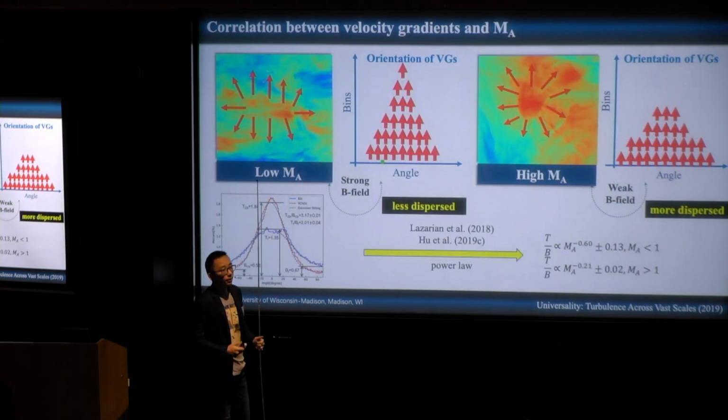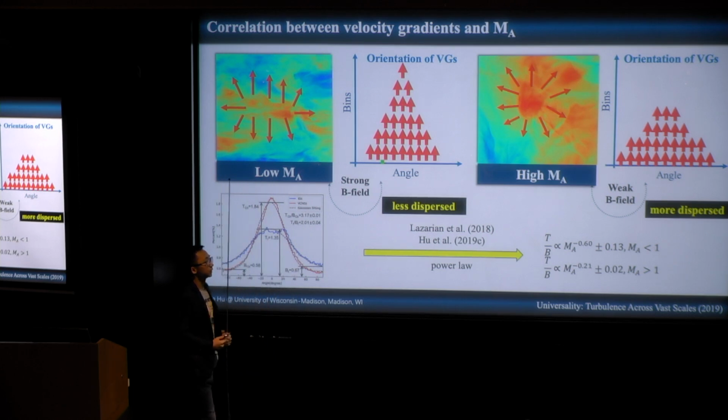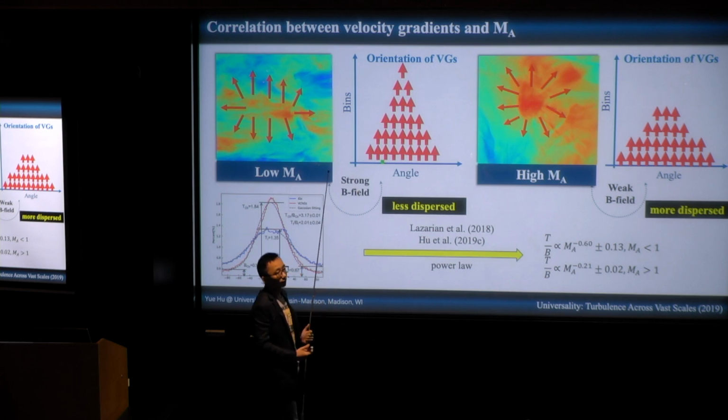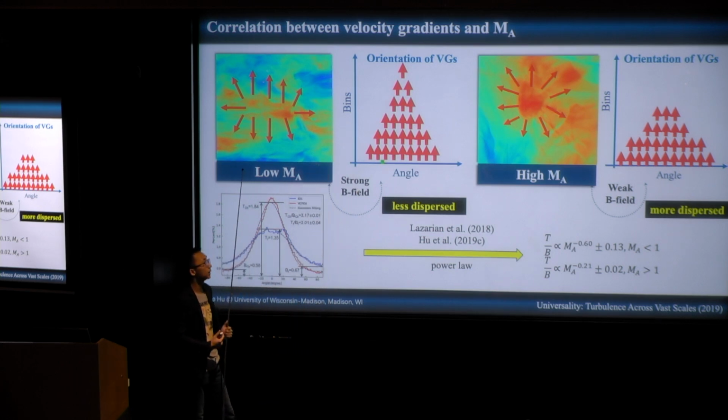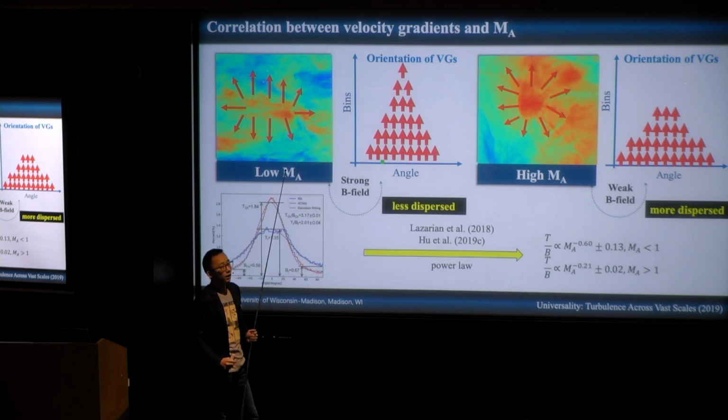And in addition to the magnetic field tracing, we can even calculate the Alfvén Mach number, M_A, which is negatively proportional to the magnetic field strength, from velocity gradients. In the case of a strong magnetic field with a small M_A, the orientation of velocity gradients is highly concentrated by the magnetic field.